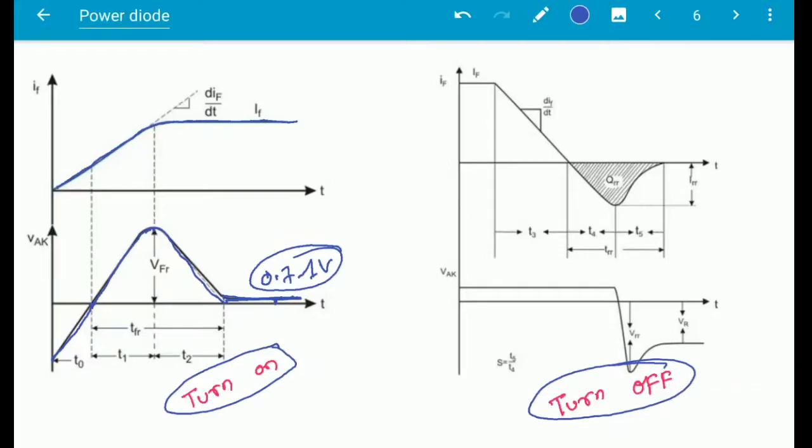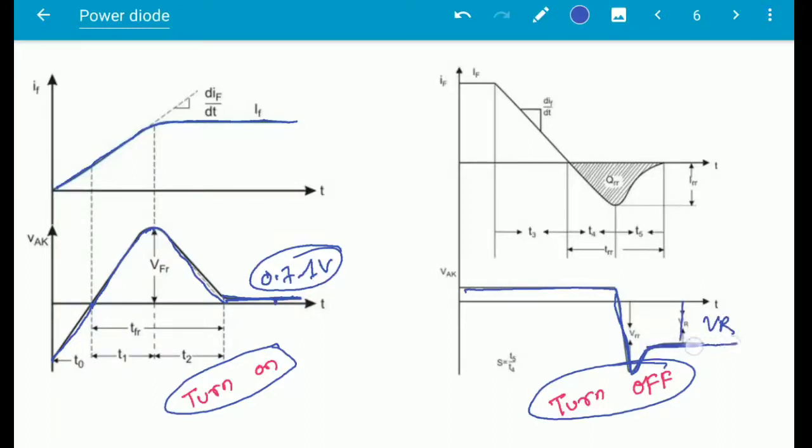In case of turn off characteristic, when we apply reverse voltage across the diode, it will be turned off from turned on condition, and it will go to a peak. This is VRR, the reverse voltage, and then it will be VR, that is the reverse voltage continuous condition.